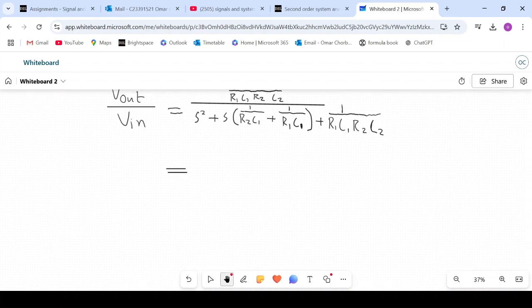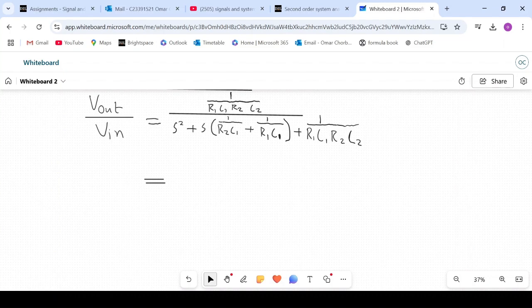And then when you sub in the values for these components, you'll get this.